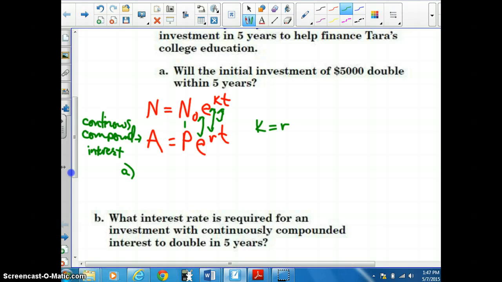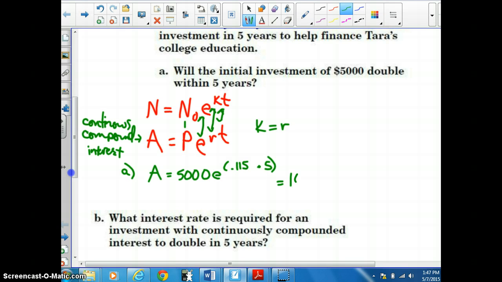So let's see. We want to see if the amount is going to be $10,000, because that would be double the 5,000. So 5,000 times e to the, remember it's rt. R is the interest, which is 11.5%, so that's 0.115, that's the interest rate, times t, which is in years. So that's 5 years.